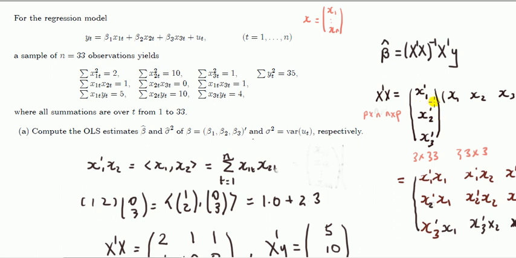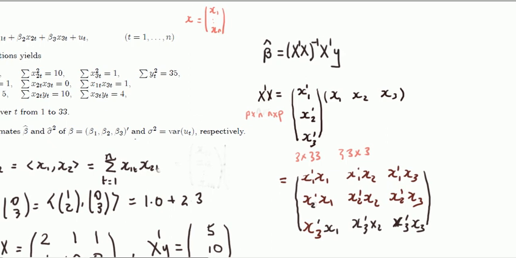If we multiply it through, we get this 3 by 3 matrix, and each of these entries is a scalar. The element that goes in here will be the first row times the first column. To get this, it's this times this, and so on.